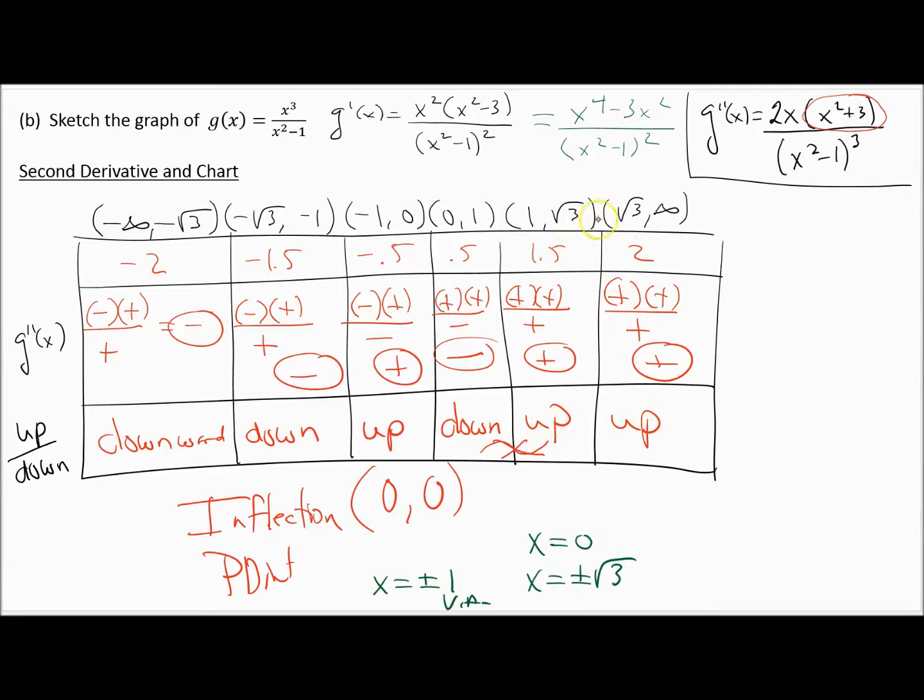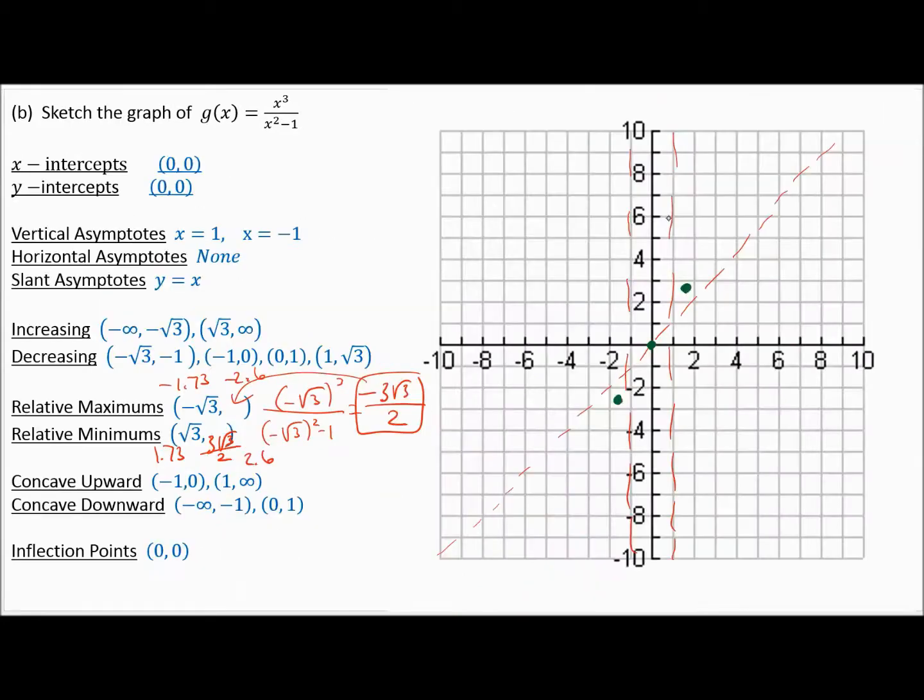But since √3 is defined in the original function and there was no change, I just wrote it from 1 to infinity. So -1 to 0 and then 1 to infinity. And I did a similar thing for the concave downward so you can see what's happening there. And then we actually changed concavity at 0, 0. So goodness, let's see if we can use all this information to come up with a graph.